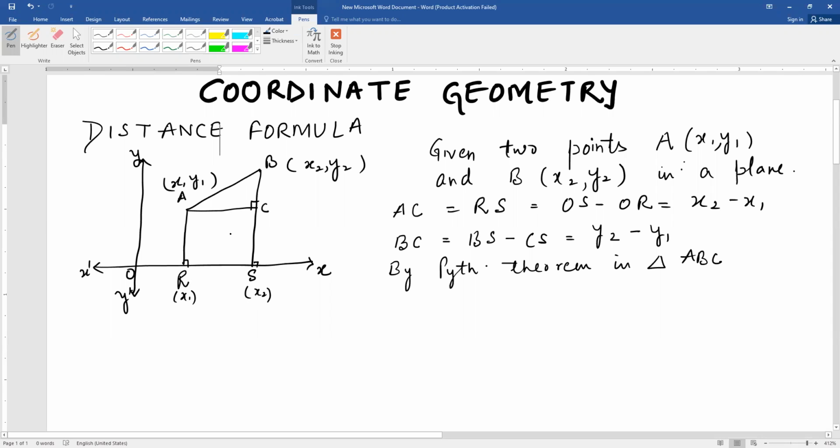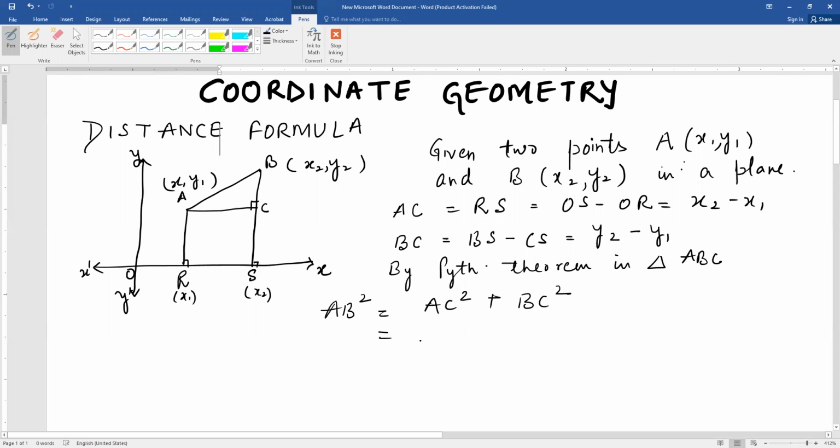Therefore, AC is nothing but RS, that means OS minus OR, that means x2 minus x1. Similarly, BC is BS minus CS, that is y2 minus y1, as the y-coordinate of C and A is y1. So by Pythagoras theorem in triangle ABC, we have AB square is equal to AC square plus BC square.